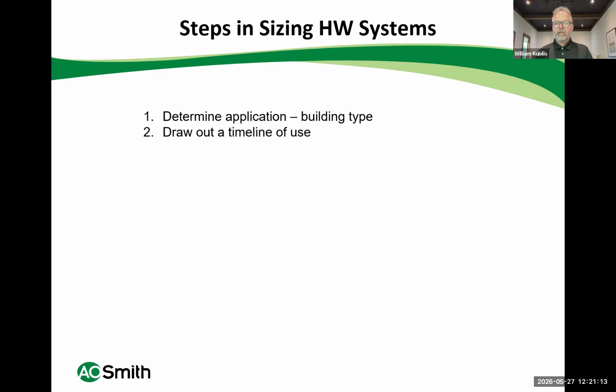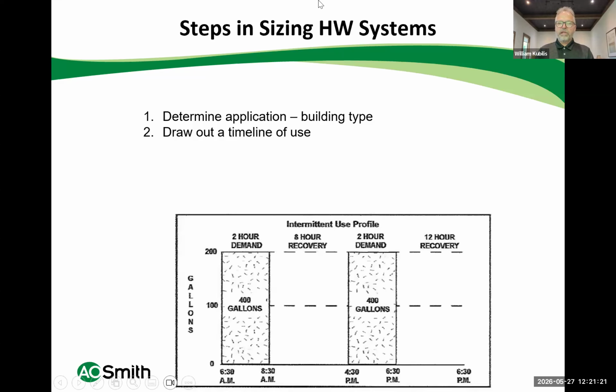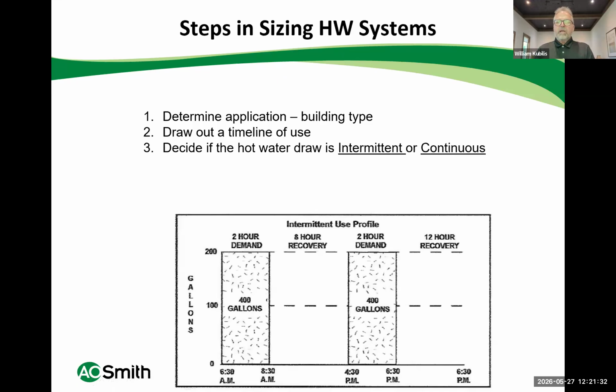I draw out when they're using the water and the rest period when maybe they're not using water, maybe they're using it all day. This is in one of our sizing documents from years gone by, which gives an idea of what I'm speaking of here.